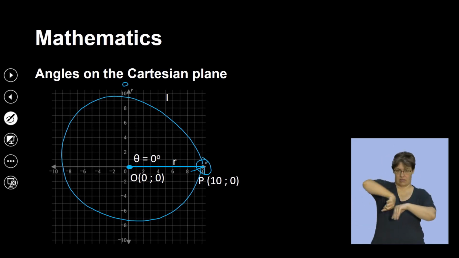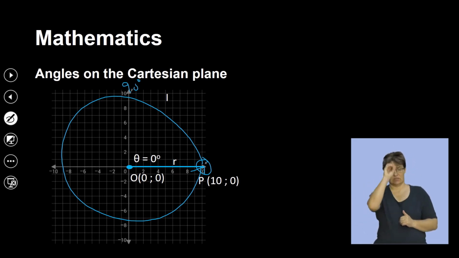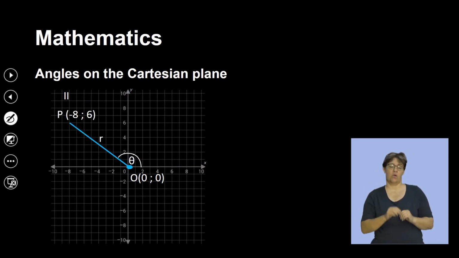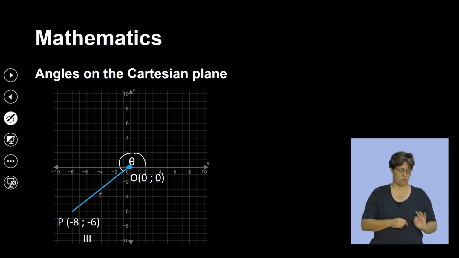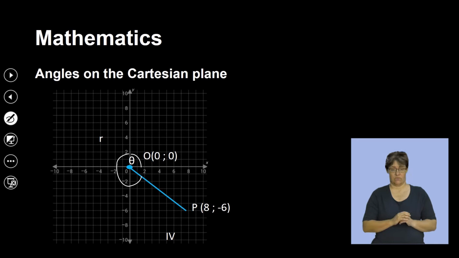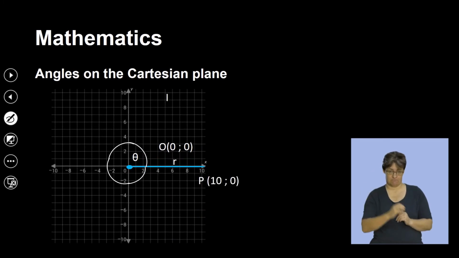So remember, this will be 90 degrees there, you move like that. So that will be in quadrant 1, that will be in quadrant 2, that will be in quadrant 3, and that will be in quadrant 4, which will be between 0 and 360 degrees.